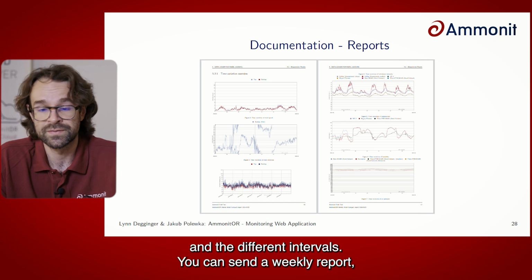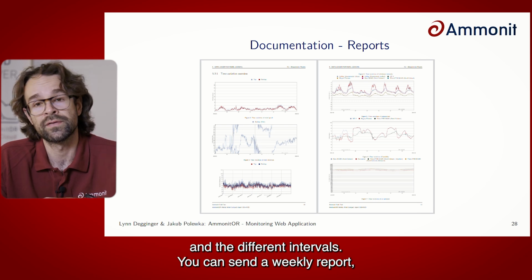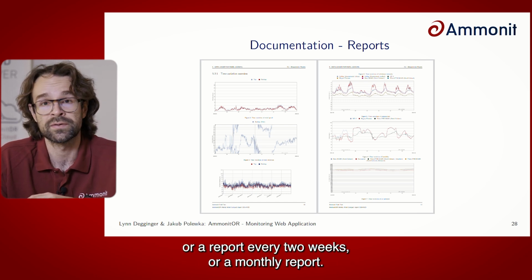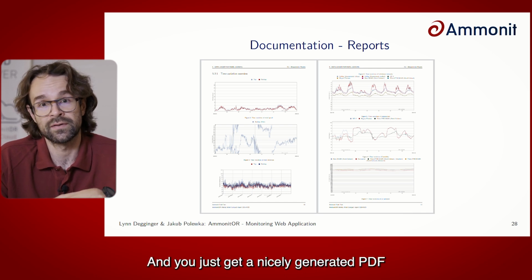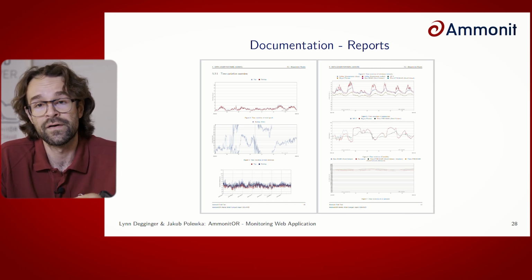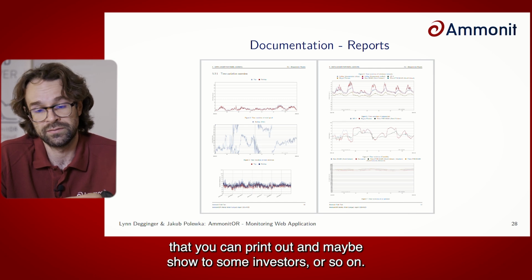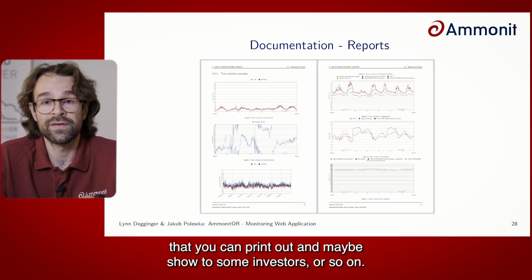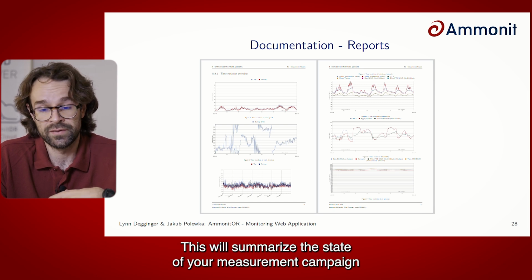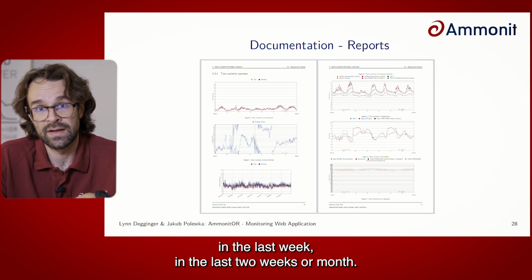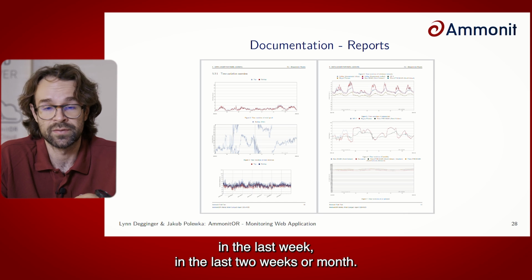And there are different intervals. You can send a weekly report, a report every 2 weeks, or a monthly report, and you will just get a nicely generated PDF that you can print out and maybe show to investors. It will summarize the state of your measurement campaign in the last week, the last 2 weeks or the month.